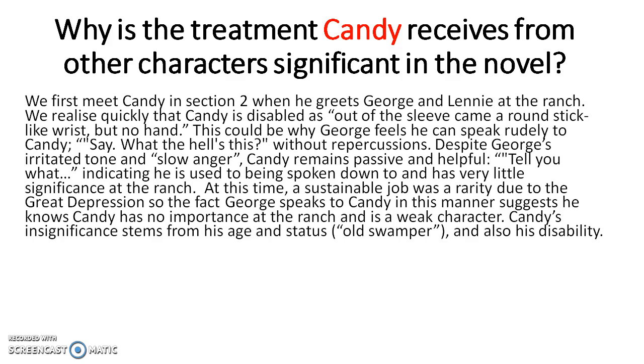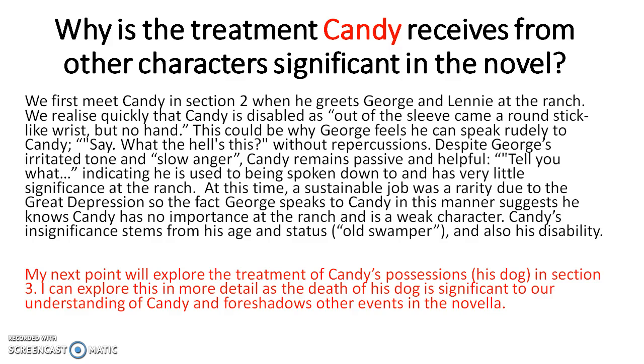So Candy is the first one to tell us negative things about Curly's wife, so that when we meet Curly's wife, we're automatically prejudiced against her, and so we see the fact that she wears red as her being a tart, when actually there's nothing that she does within this story which tells us that she is a tart. It's Curly that sleeps around and goes to the brothels, not Curly's wife. So Candy is there used as a tool by the writer in order to prejudice us against the other characters.